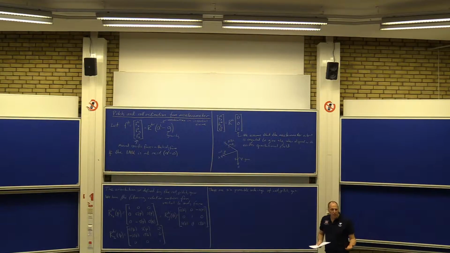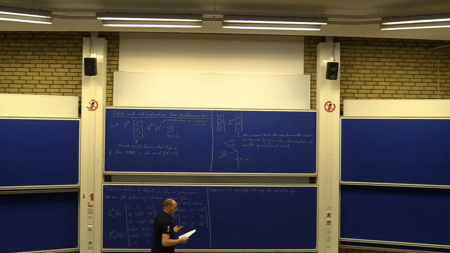Okay, and in the last lecture we decided to use the z-y-x ordering, that is called the Tait-Bryan Euler angles. They are popular for aircraft.